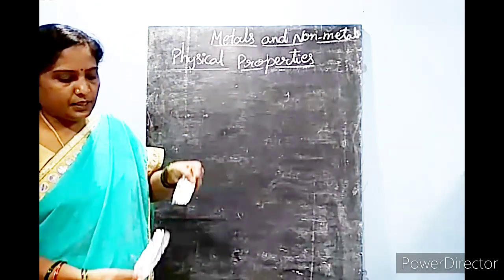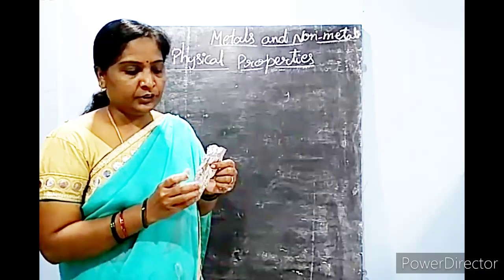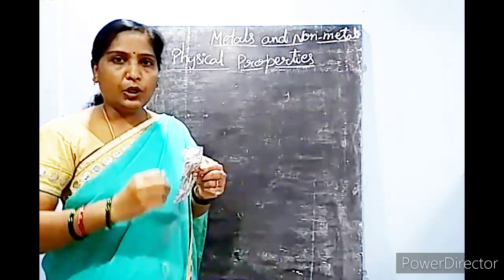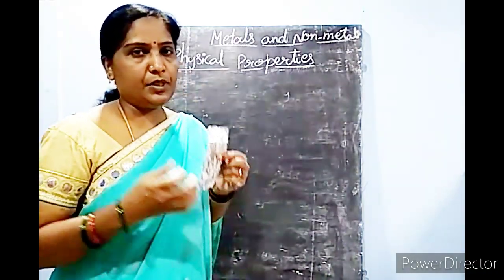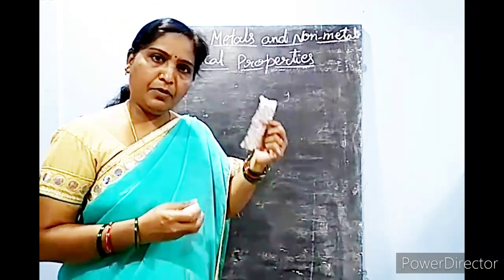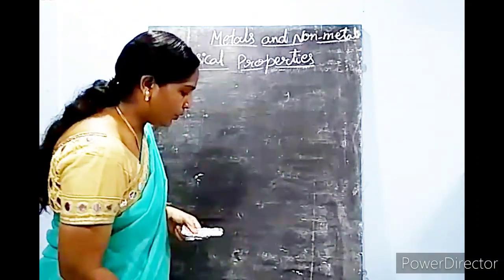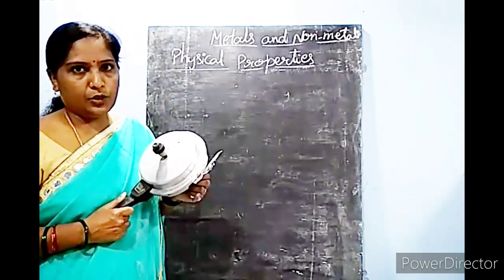So this is the aluminium foil. Everybody knows that we use this aluminium foil to wrap food items, to keep the food warmer for a longer time. Just now I showed one utensil and told you that this is also made of aluminium.